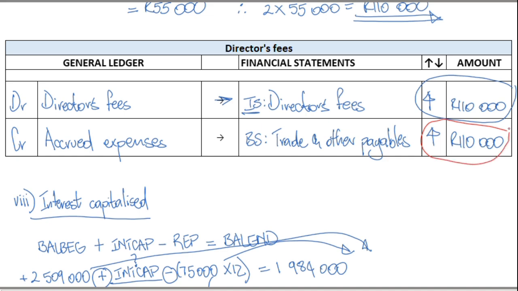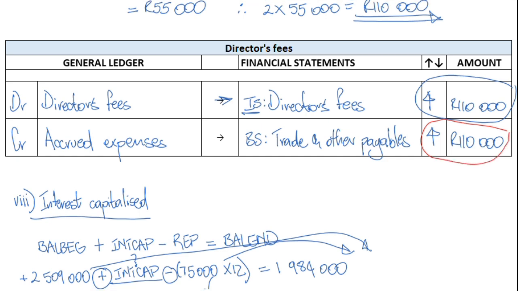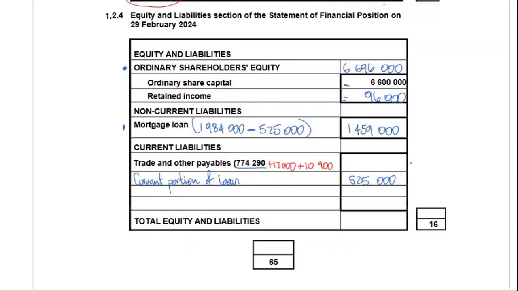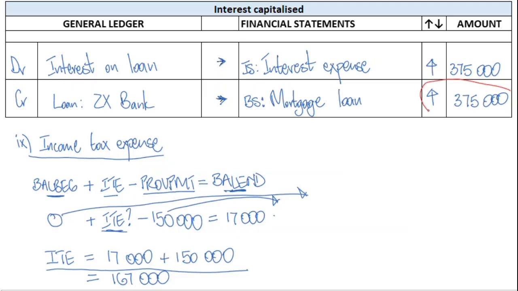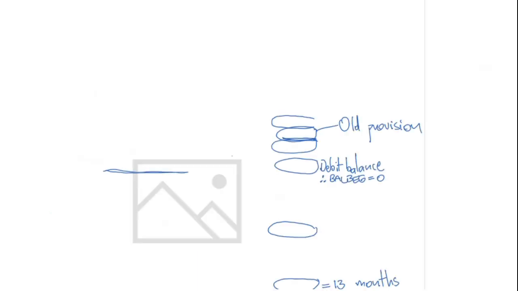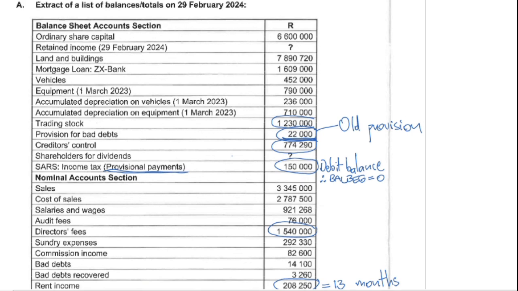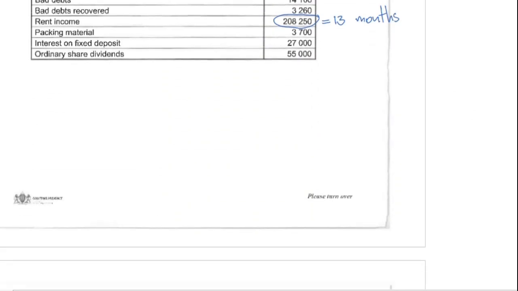Next was the adjustment for directors' fees. We said we have to increase trade and other payables by 110,000 rands. And then there was the adjustment for interest capitalized. We said the interest capitalized was going to increase the loan by 375,000 rands.